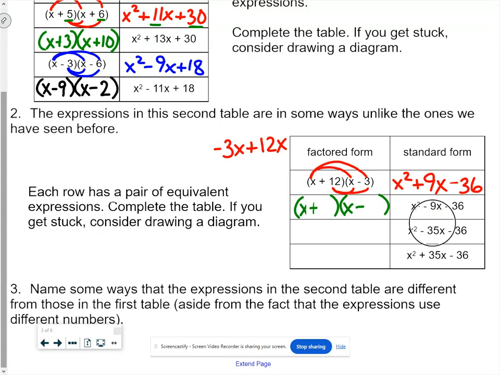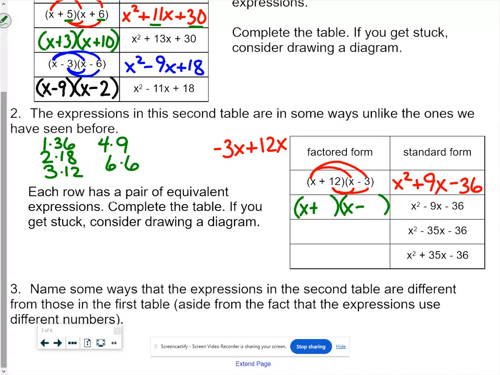All right, so I need numbers that multiply to be 36. 36 has a whole bunch of factors. If it helps, you can certainly make a list, right? I could have 1 times 36. I could have 2 times 18, 3 times 12, 4 times 9, and 6 times 6. Having a list like that sometimes helps when we're not quite sure what numbers to put together, right?